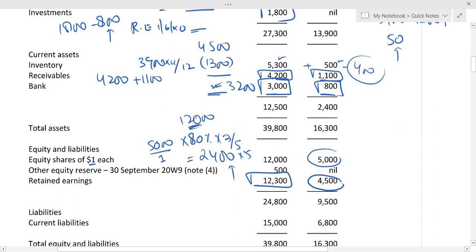So actually, you are getting 2,400 shares. So parent has issued 2,400 shares to the subsidiary. Par value is 1. It means 2,400 multiplied by 1 will get share capital and multiplied by 4 will get share premium, because parent share price at acquisition is $5. So 1 is the par value and over and above par is $4. That is share premium.